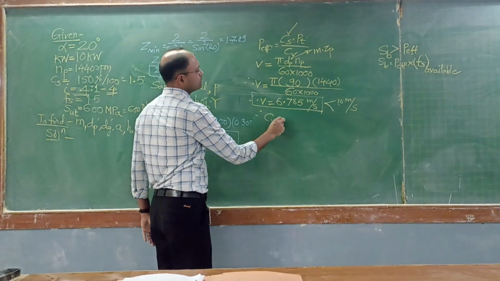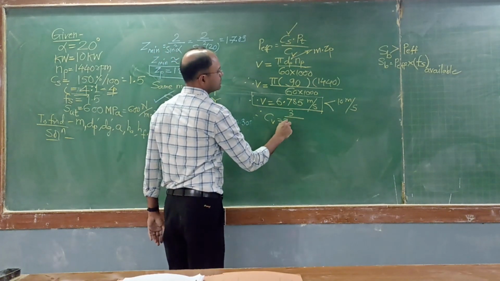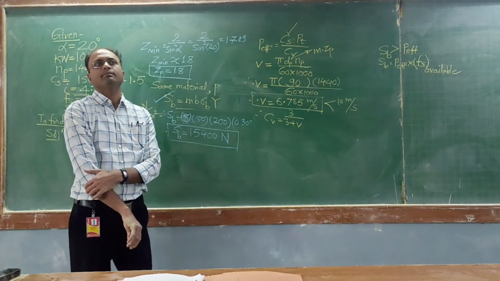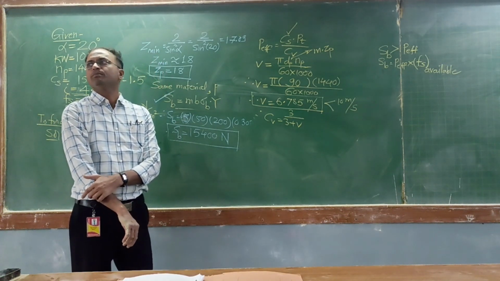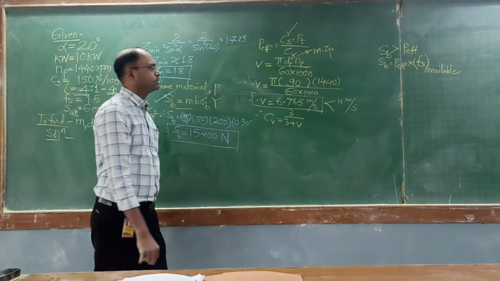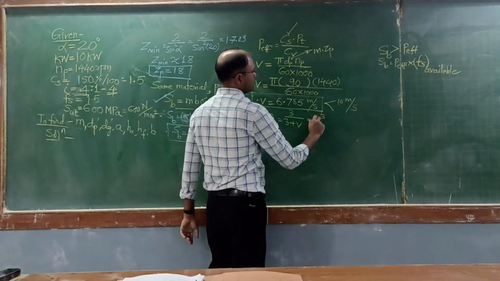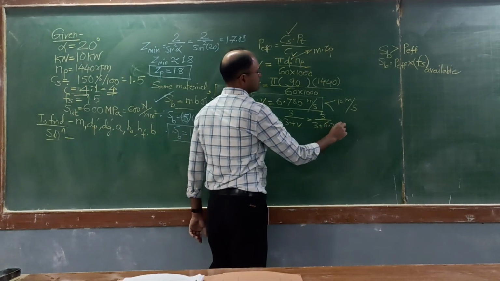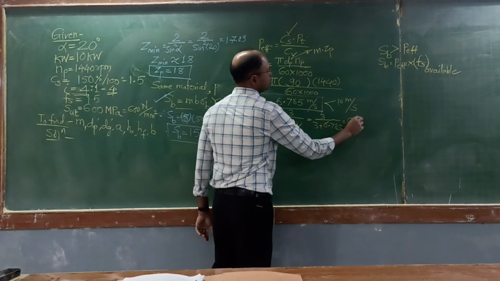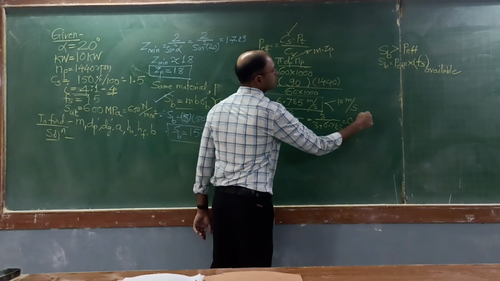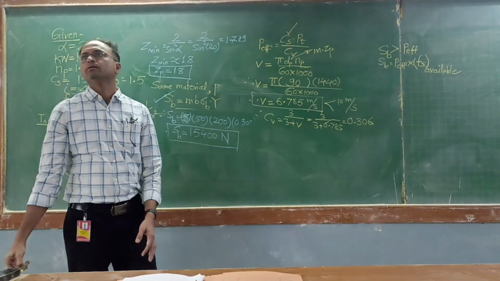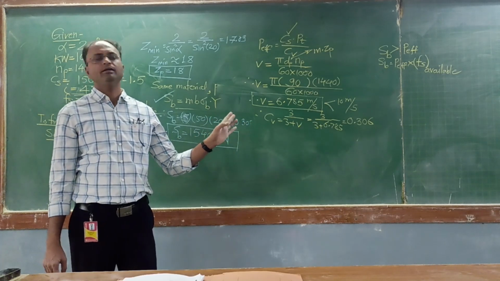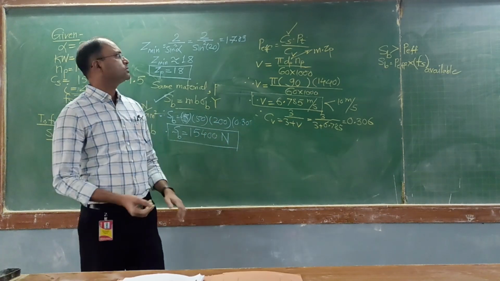Therefore, CV is equal to 3 upon 3 plus V. All of you put the values, do calculations. 3 upon 3 plus V gives 0.306. The assumed value was different, now this is the corrected value, 0.306. Okay, so CV is obtained.